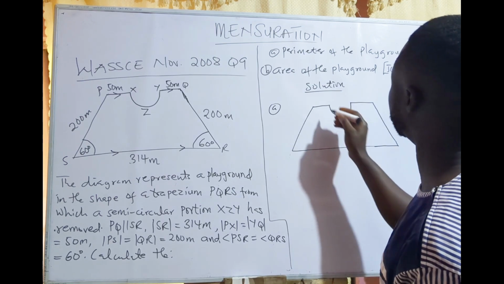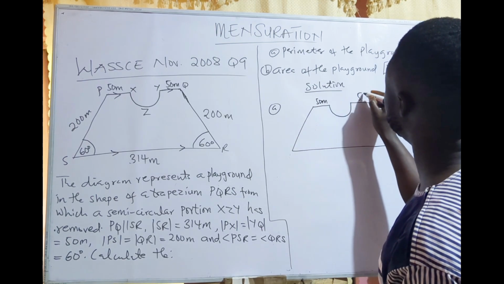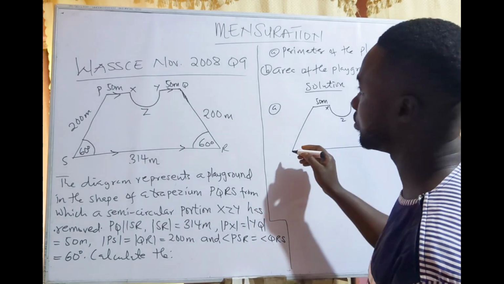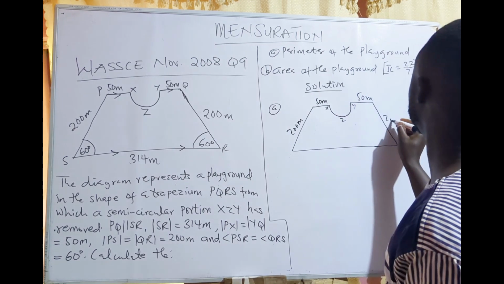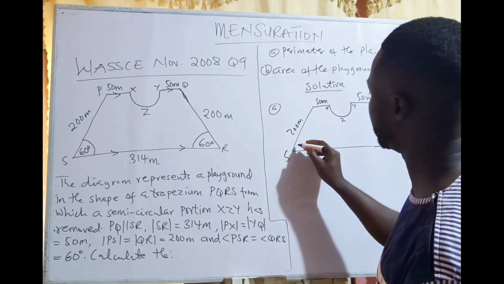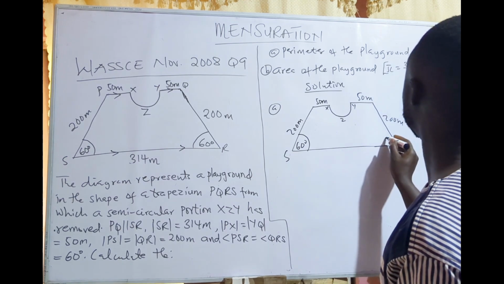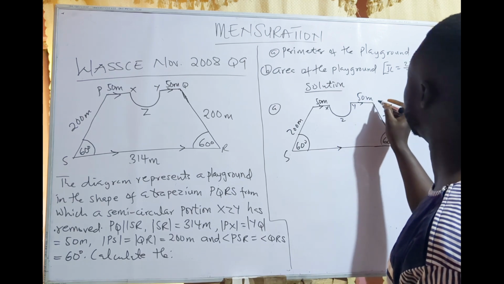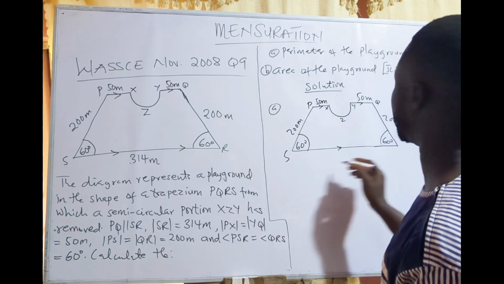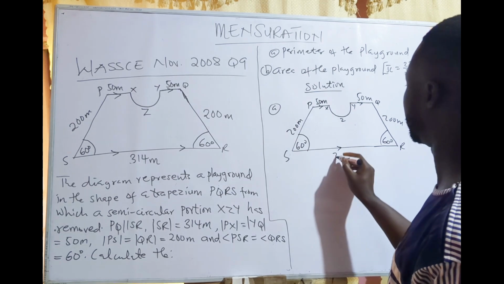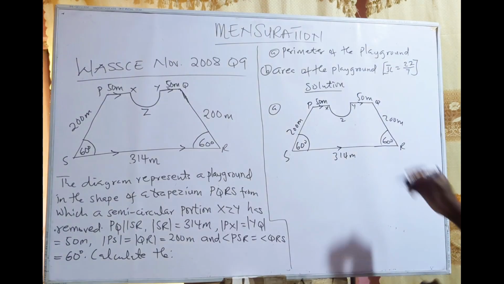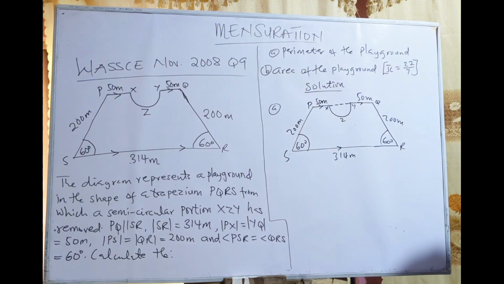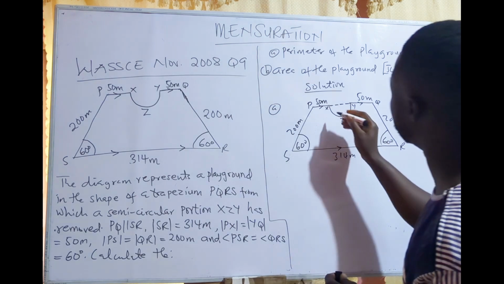So there's a semicircular portion, 50 meters, 50 meters, X, Y, Z, 200 meters, 200 meters, S, 60 degrees, 60 degrees, Q, P, and here is R, 314 meters. So I have to calculate the diameter here, so that I can divide by 2 and get the radius.